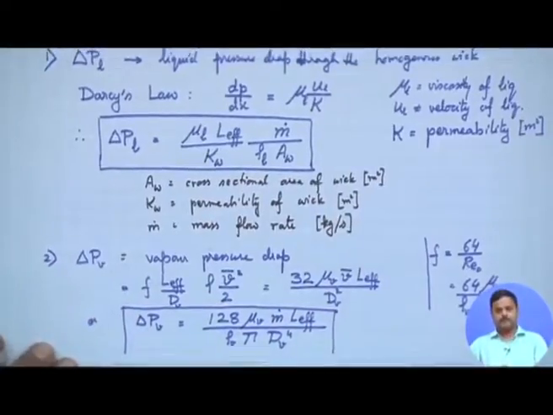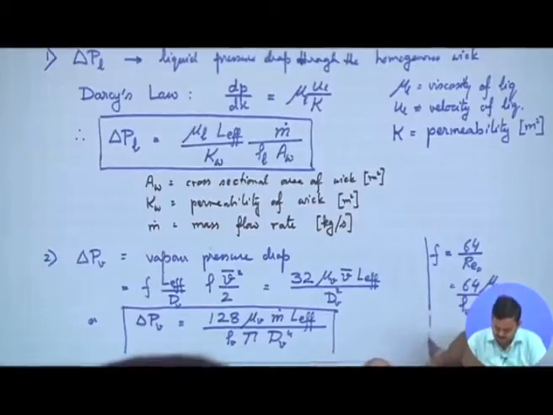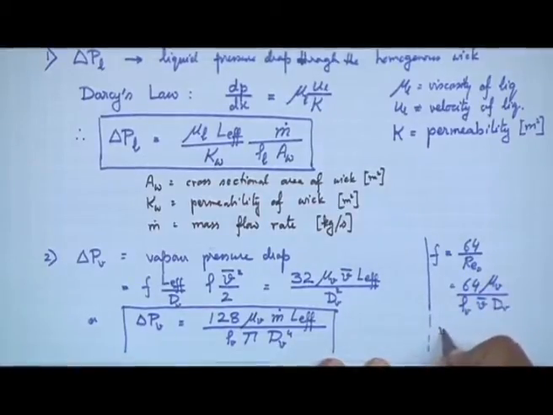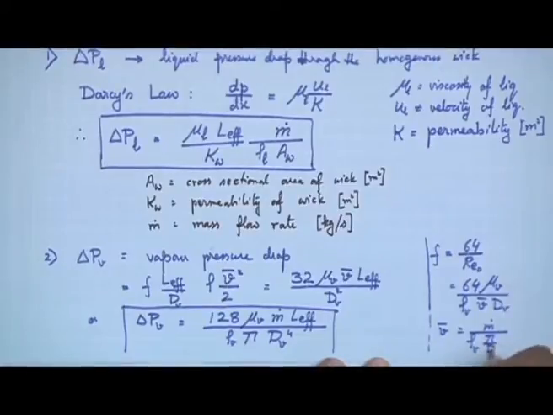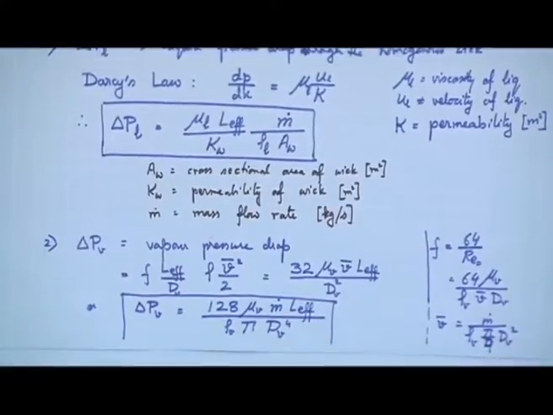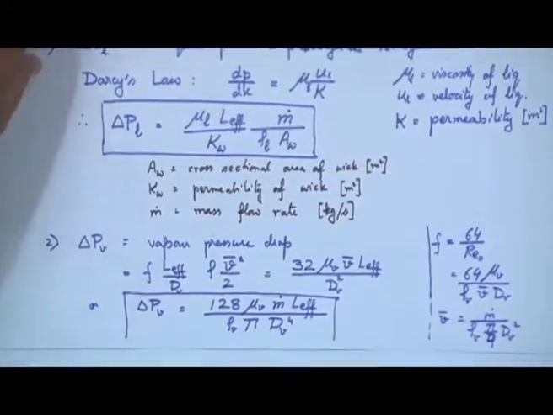Let us box it. Why, what have we used? We have used V bar as m dot over rho V pi by 4, sorry, dV squared.